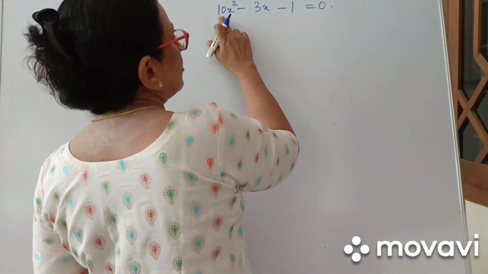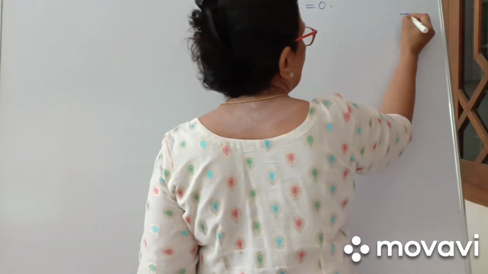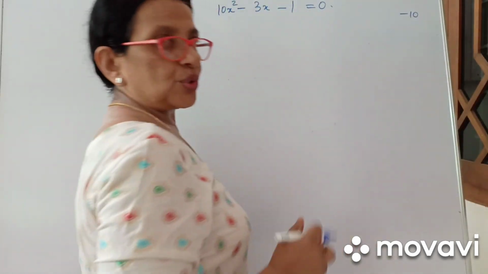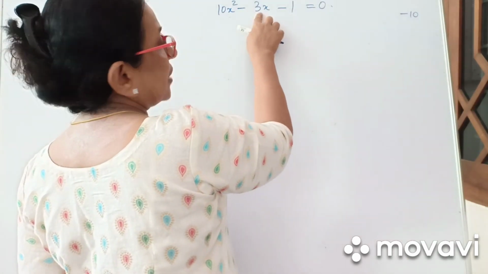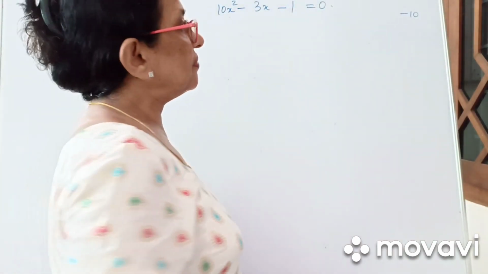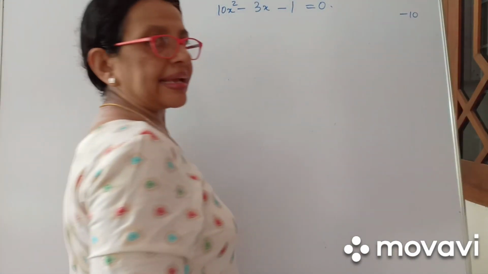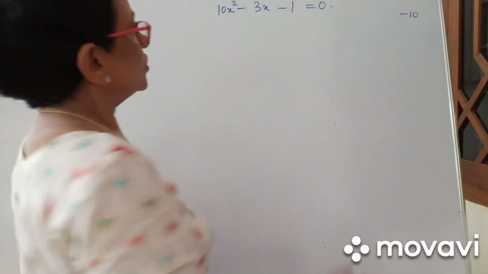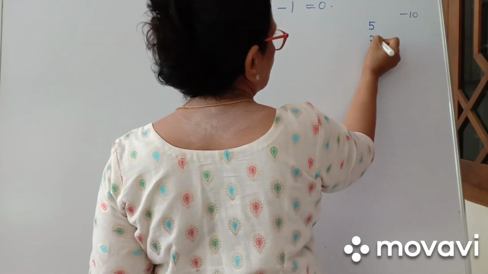So you have to multiply this 10 and this negative 1. So the product will be negative 10. So you have to find two numbers whose sum is negative 3, and those two numbers, when you multiply, you have to get negative 10. So let's take 5 and 2.